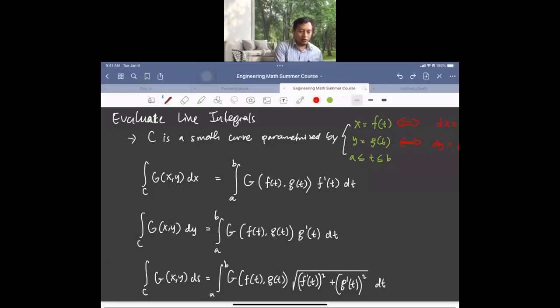If the question is asking to evaluate the line integral with respect to dx, then you're going to use this part. If it is with respect to y, then this is your method. If it's asking ds, then this is your result.